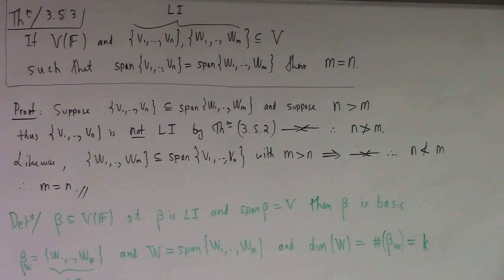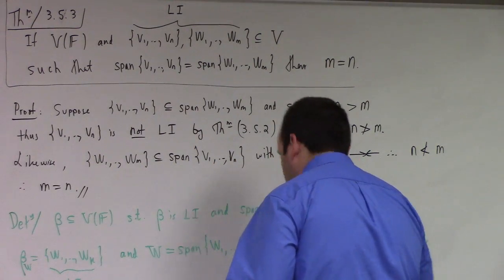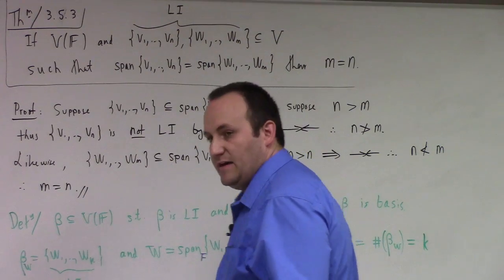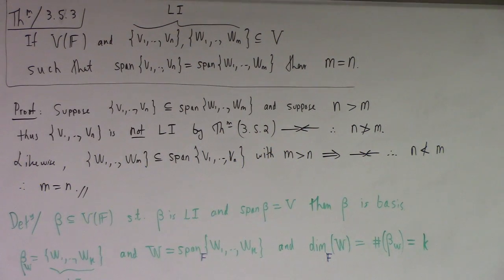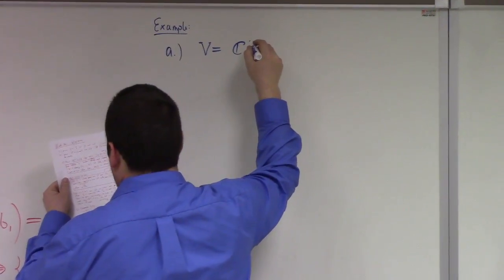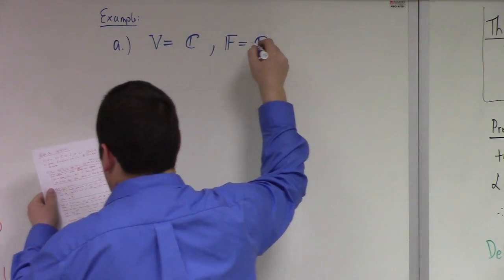Now, I should warn you, the concept of basis is field dependent. To be more careful, you might say this is the dimension with respect to the field F, where I'm assuming, of course, this is a span with coefficients in F. To give you a little bit of contrast, you could, on the one hand, look at the vector space V, say the complexes, so the point set is the complex numbers, and I'm taking the field to also be the complexes.